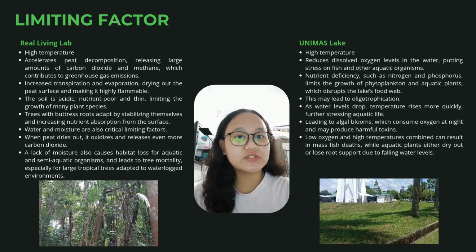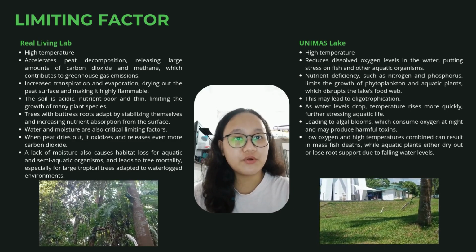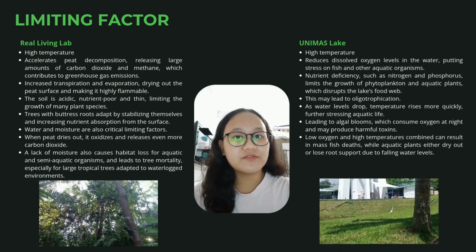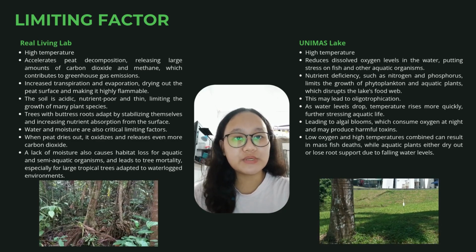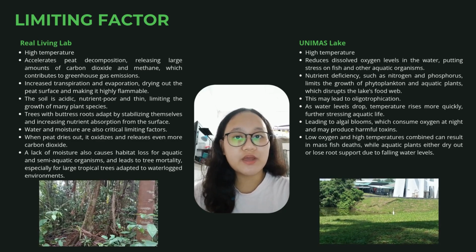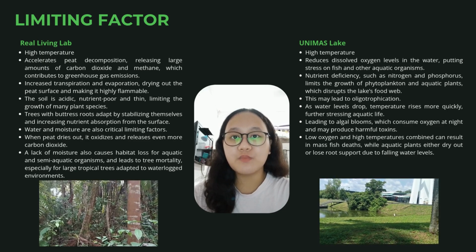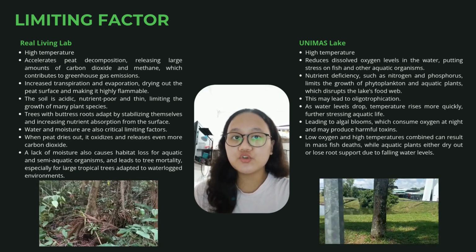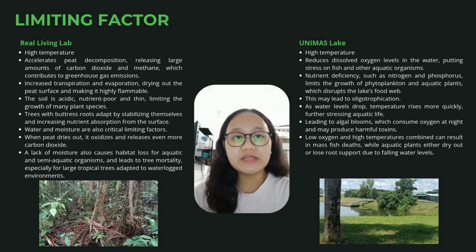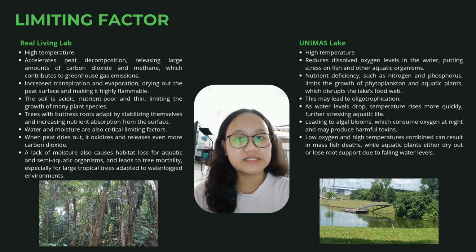The heat also leads to increased transpiration and evaporation, drying out the peat surface and making it highly flammable. This raises the risk of peat fires, which can burn underground and release dense smoke. The soil in this area is typically acidic, nutrient poor and thin, which limits the growth of many plant species.